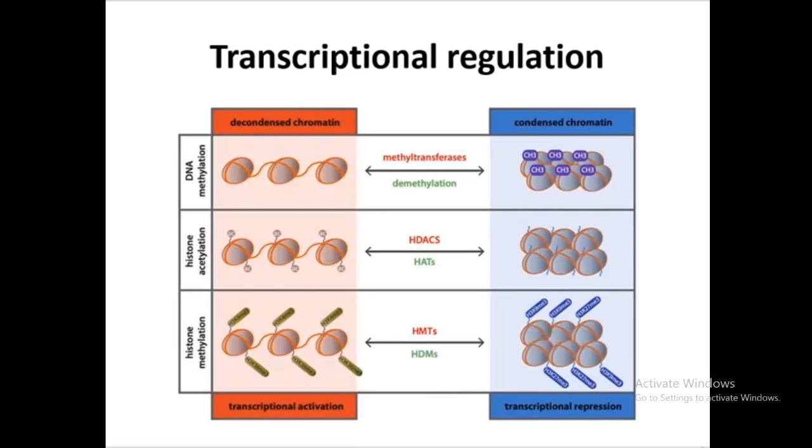Moving on to the histones: if the histone is acetylated, you get decondensed chromatin and you get gene expression. To turn off gene expression, you get histone deacetylase, which leads to deacetylation of the histone and switches off gene expression.